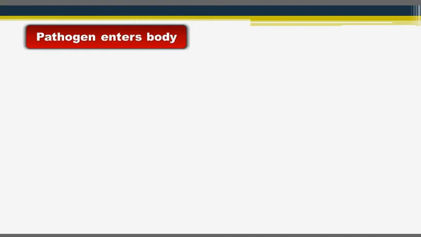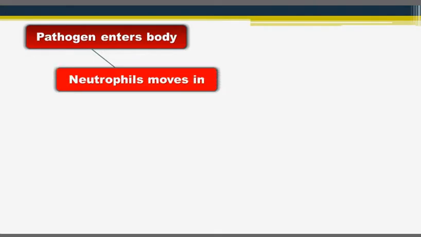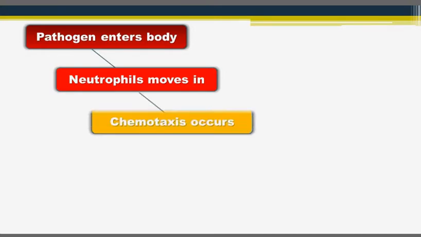Normally, the neutrophils will move to the site of entrance of the pathogen, and this will lead to the initiation of a process of chemotaxis by chemoattractants to surround the pathogen and counteract its toxins.